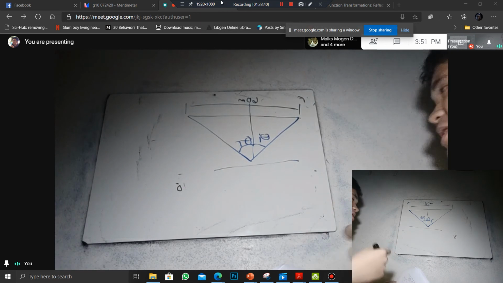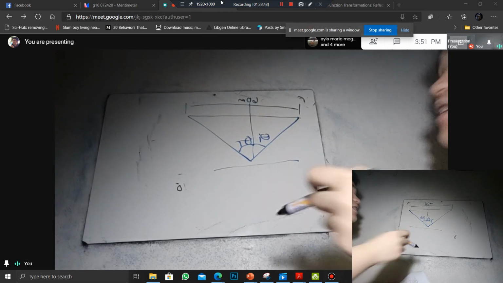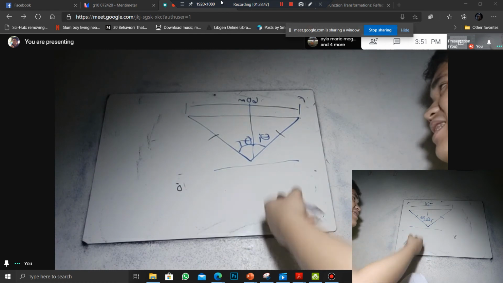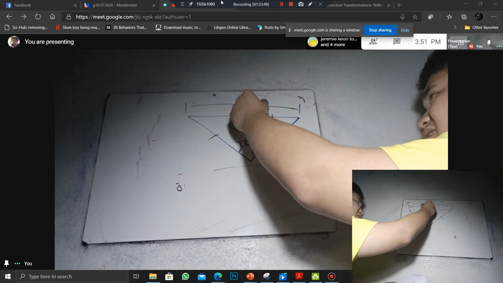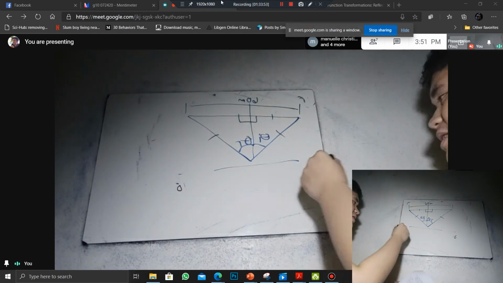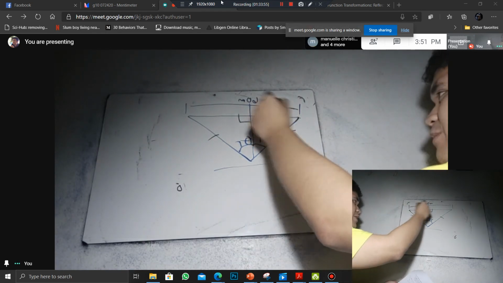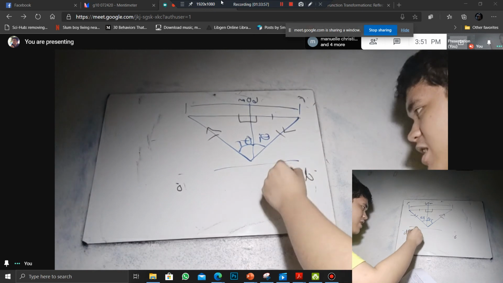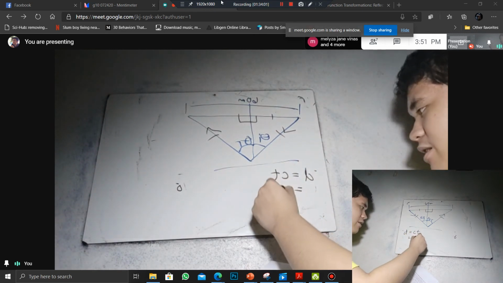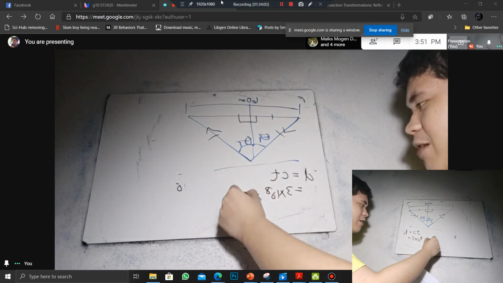Okay, by law of reflection, theta I equals theta R. Congruent triangles, no? Distance na tinravel ng light, which is from here to here, equals CT. So, 3 times 10 to the 8 times 0.3 times 10 to the negative 6.